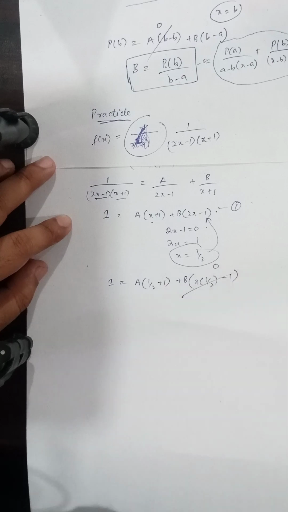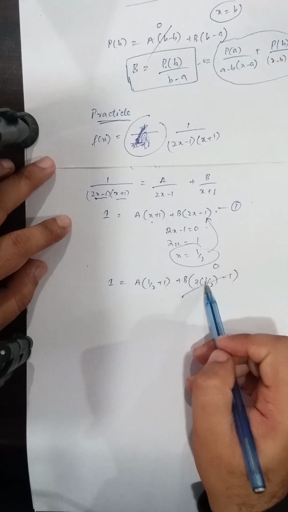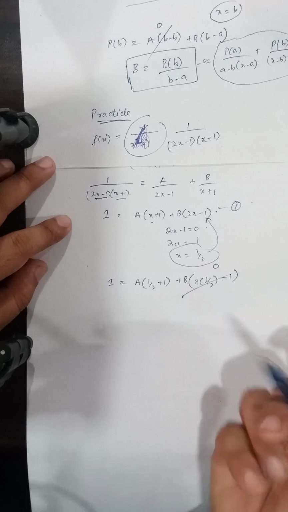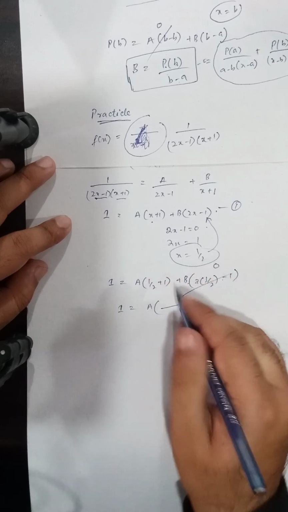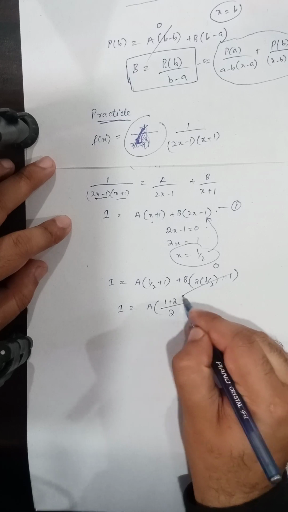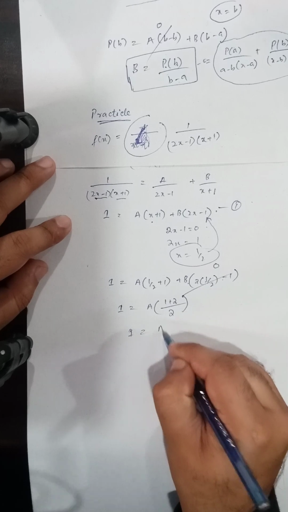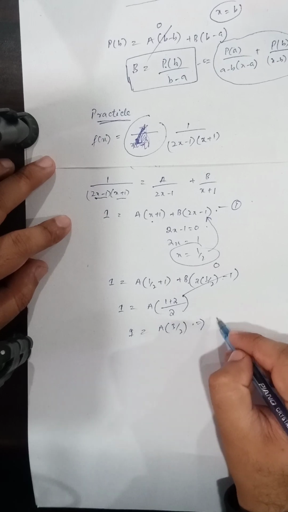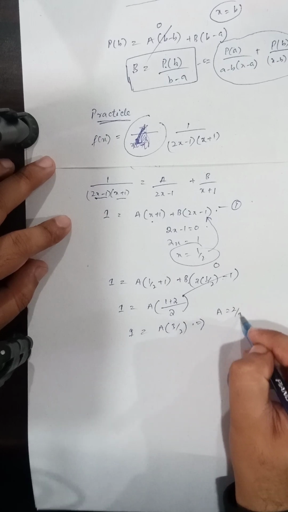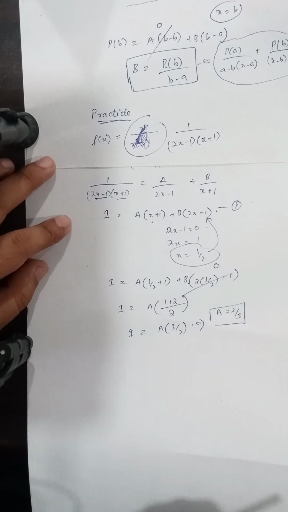So this will be equal to 0 because 2 will be cancelled out with this 2. 1 minus 1 is 0. So 0 into b is 0, which is nothing. So 1 is equal to a into 3 by 2, which implies that a is equal to 2 by 3.